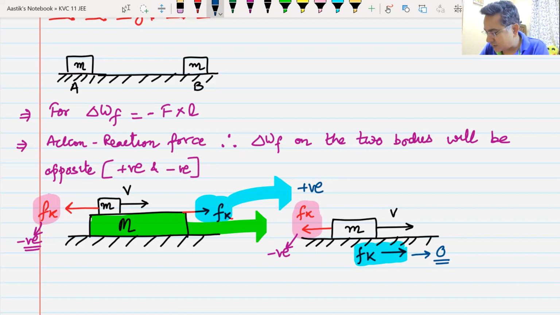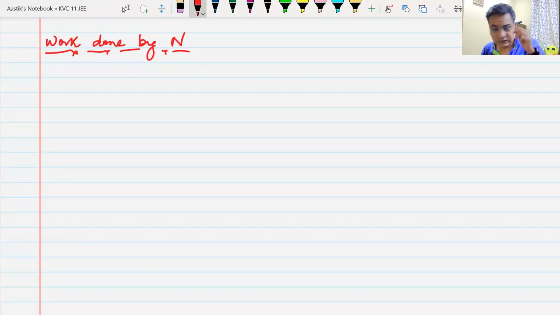Work done by N. What is N? N is the normal reaction.